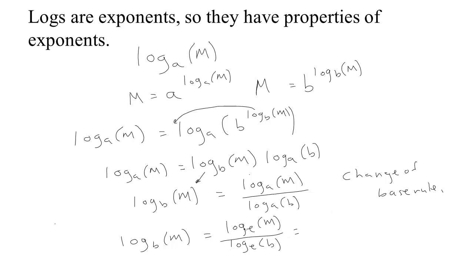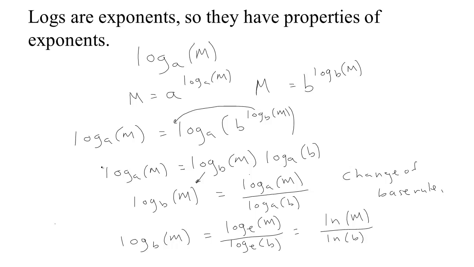Now, nobody ever writes log base e, right? Because we have an abbreviation for that. We call it the natural log. So we get the natural log of m over the natural log of b. So if you're working with a problem and you need it to be in terms of natural logs, which are a little bit easier to work with, you can always divide by ln b.